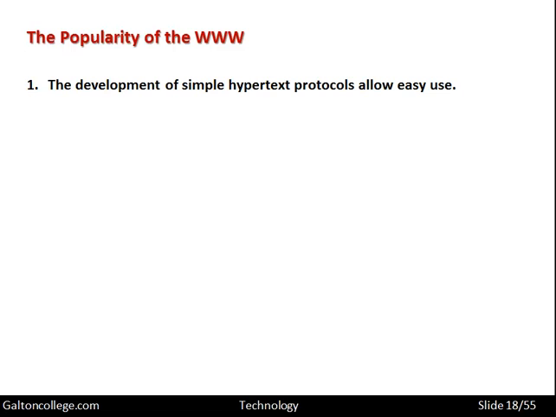We moved from A to B to C to D and so on. So we moved step by step to where we wanted to go. But with hypertext, it's possible to jump. We don't have to go from A to B to C. We can go from A to C. It's just a link.